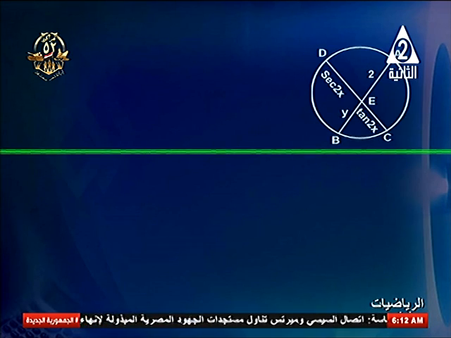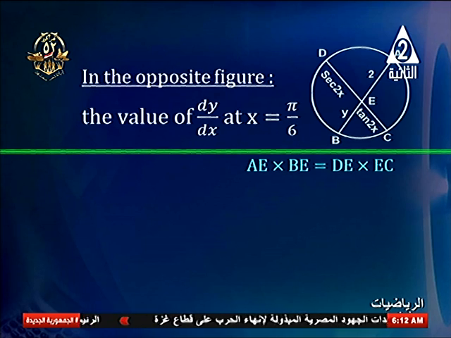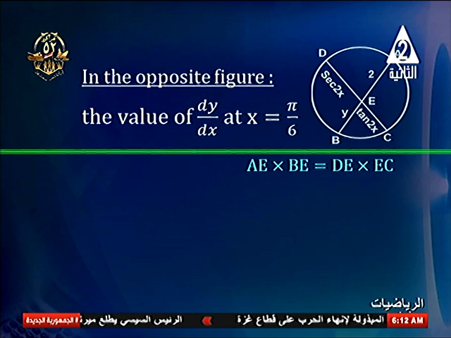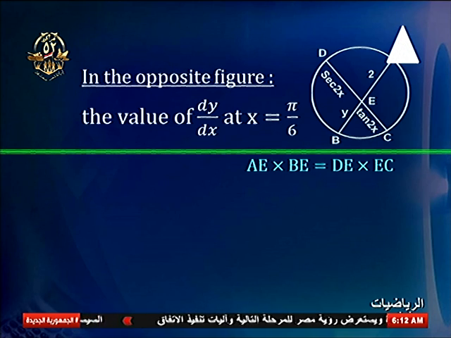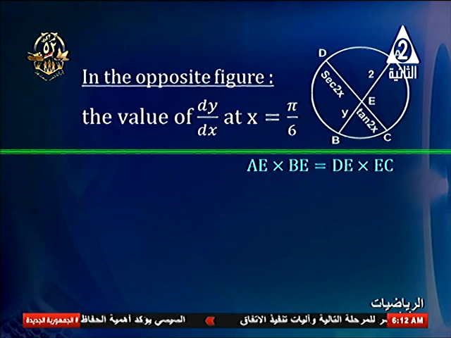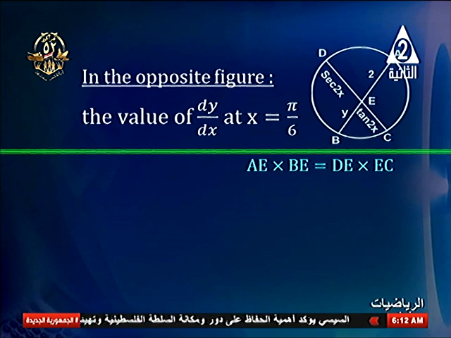Look, my dear students, what is the relation? From the first secondary school, we know that if two chords intersect in a circle, then EA times EB equals DE times EC. When two chords intersect at one point, then AE multiplied by BE equals DE multiplied by EC.